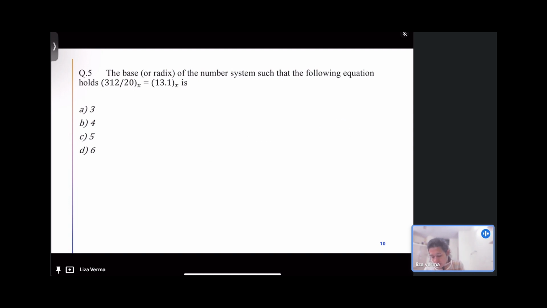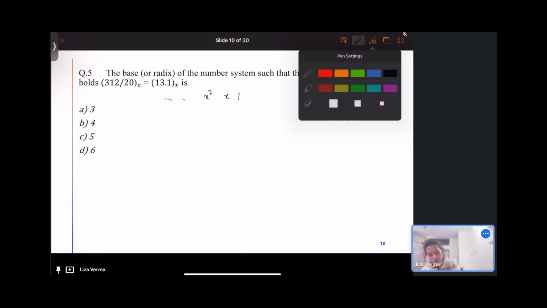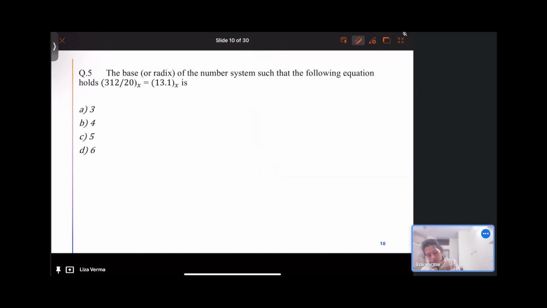We need to find the base or radix of the number system for which the following relation holds. So as I discussed earlier, for any number system with radix x, the weights are 1, x, x square, etc. So let's expand the numbers in this radix x and try to see if we get the answer.